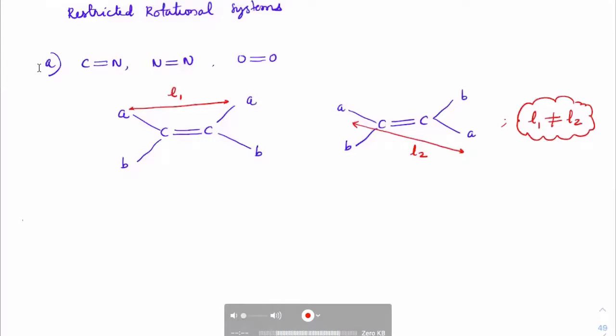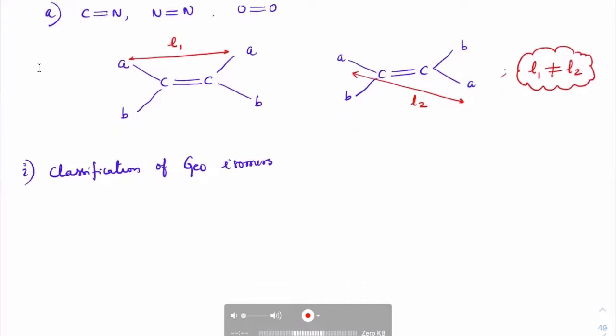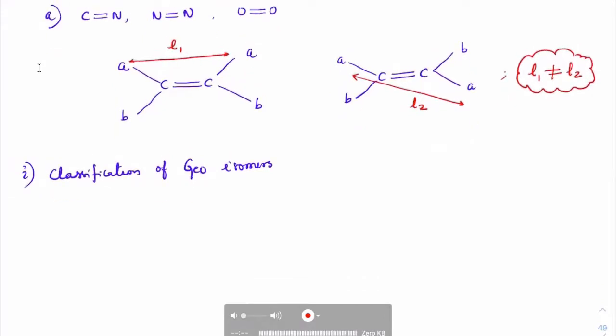The first thing we are seeing is the classification of geometrical isomers, in which we are more concerned about C double bond N, N double bond N, O double bond O. Here you would see first, suppose you have C double bond N and I have two groups here, I have some R group and a lone pair, because nitrogen will have three bonds and a lone pair.